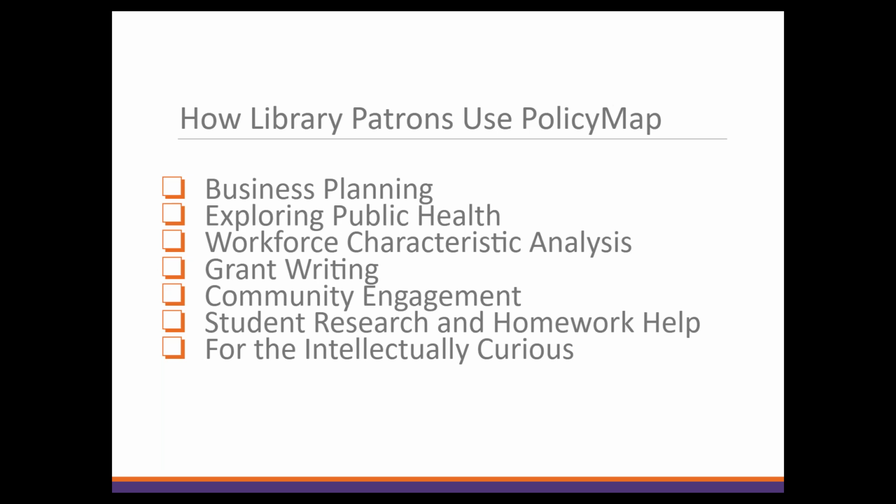Using PolicyMap data, users can access market data, consumer demographics, and industry trends that will support their business plans. A curious public health researcher can use PolicyMap to assess community health trends, to guide programming and think about partnerships within a community.